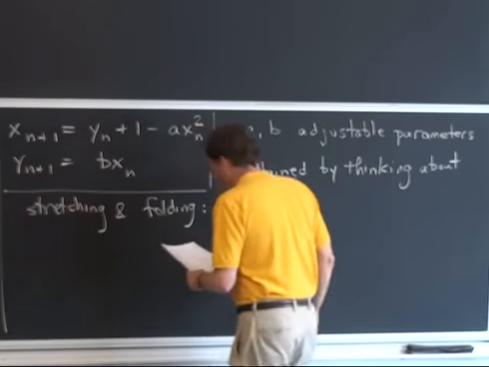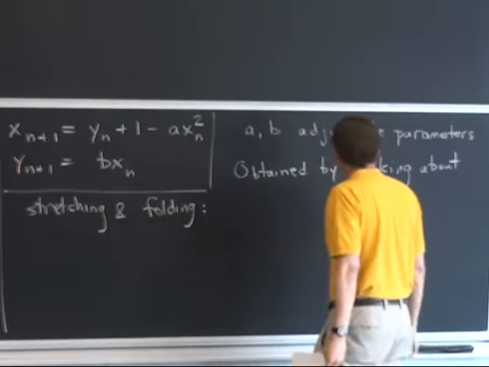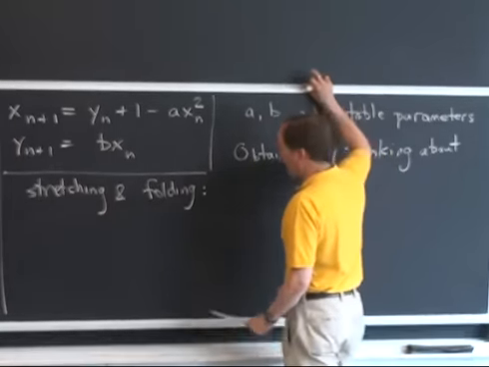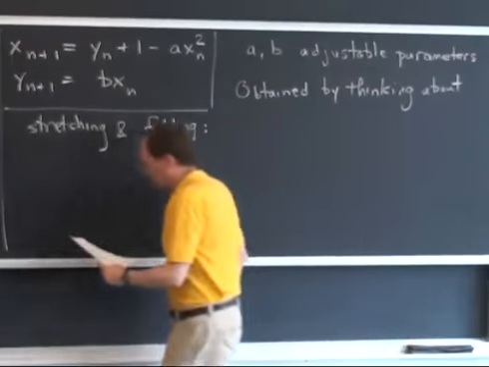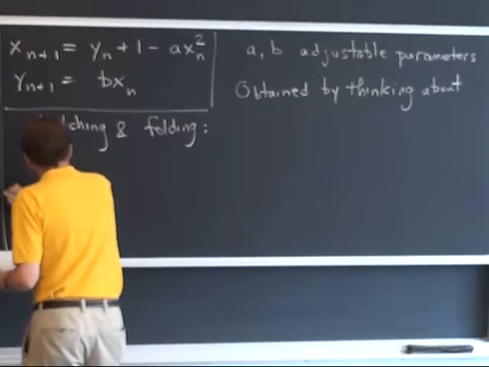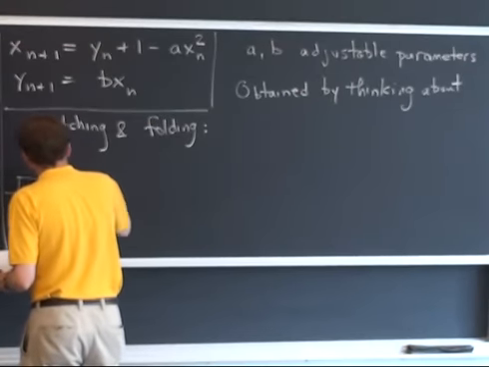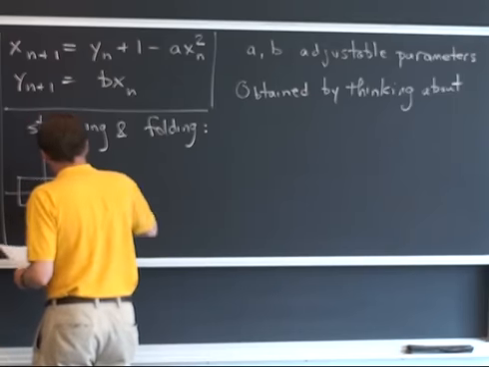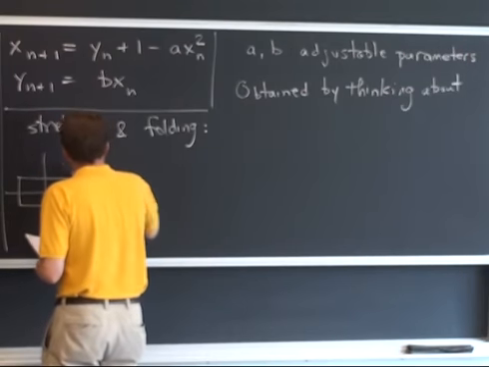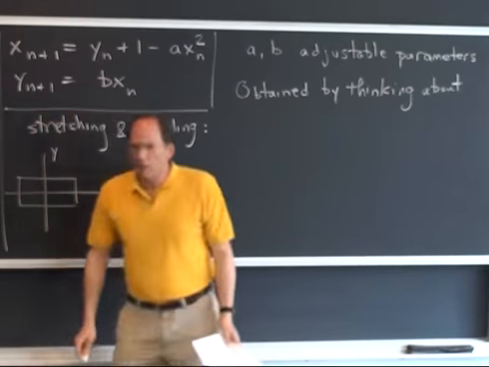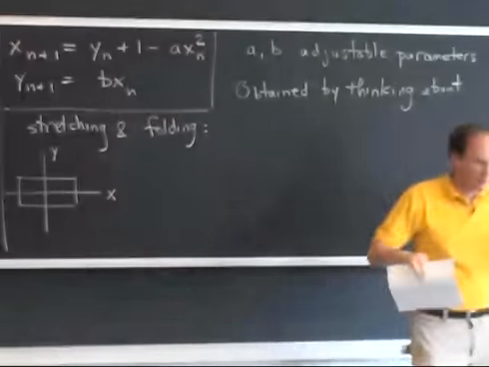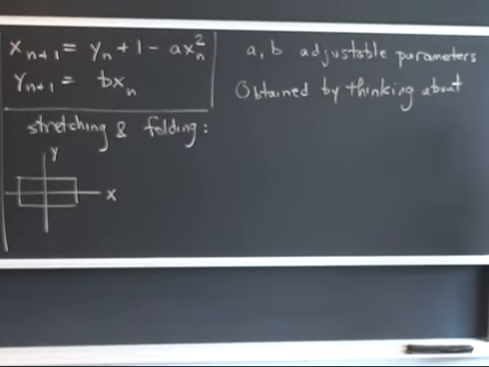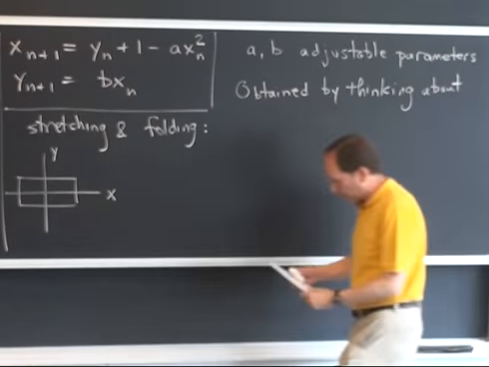So let's build it up like this. Let's think first about a rectangle sitting in the xy plane. This will remind you of my blob that I was describing when I talked about the rolling pin. So there's our blob of phase space, or blob of dough, however you want to think of it.